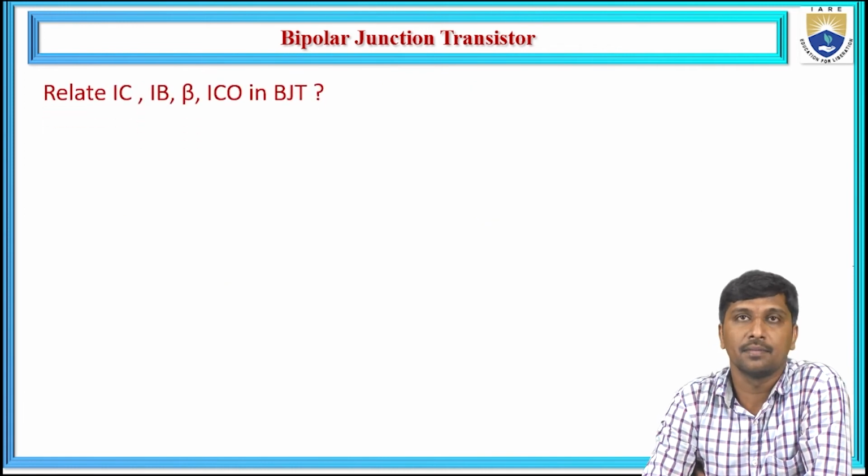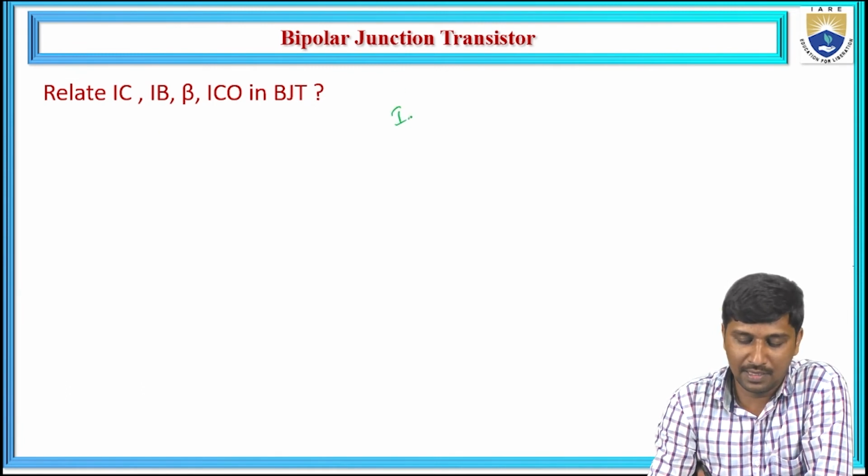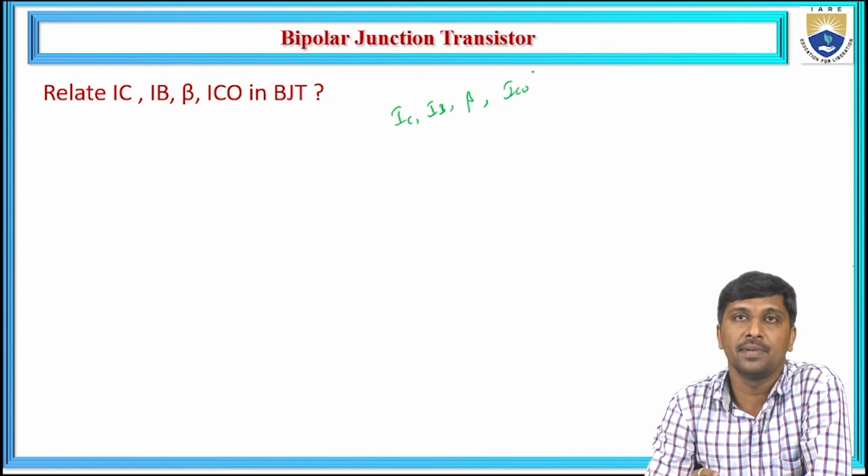Then, the relation between IC, IB and beta, IC naught in a BJT.